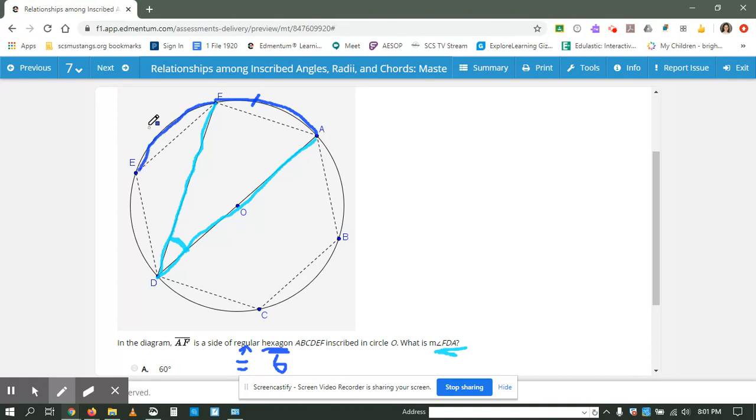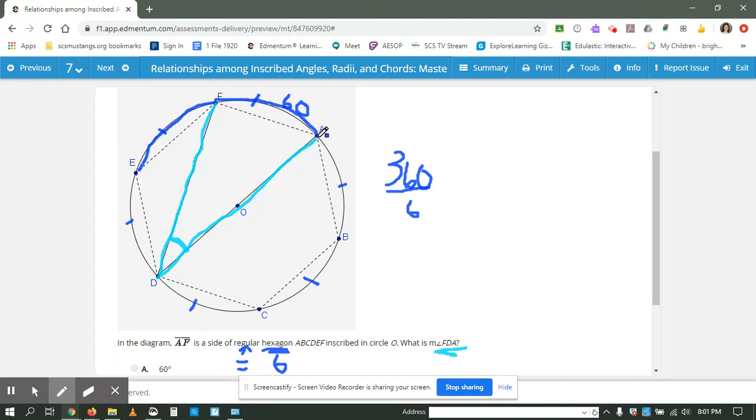It's going to divide it evenly. So looking at all of those little arcs, all of those arcs are going to be equal. So I can take the whole entire circle that we're working with, that 360 degrees, and divide it by 6 to get the degree of that arc. And when we do that, we get 60. Each of those arcs is going to be 60 degrees.